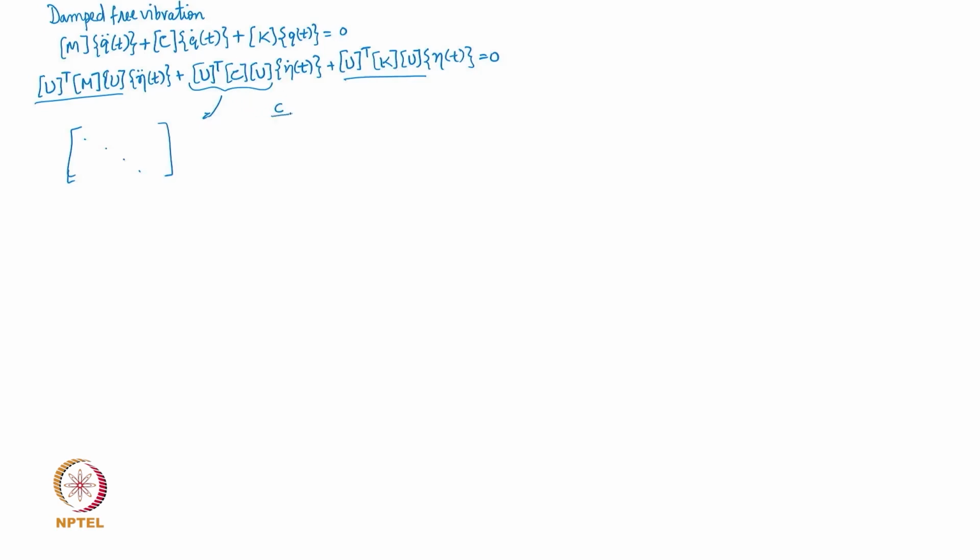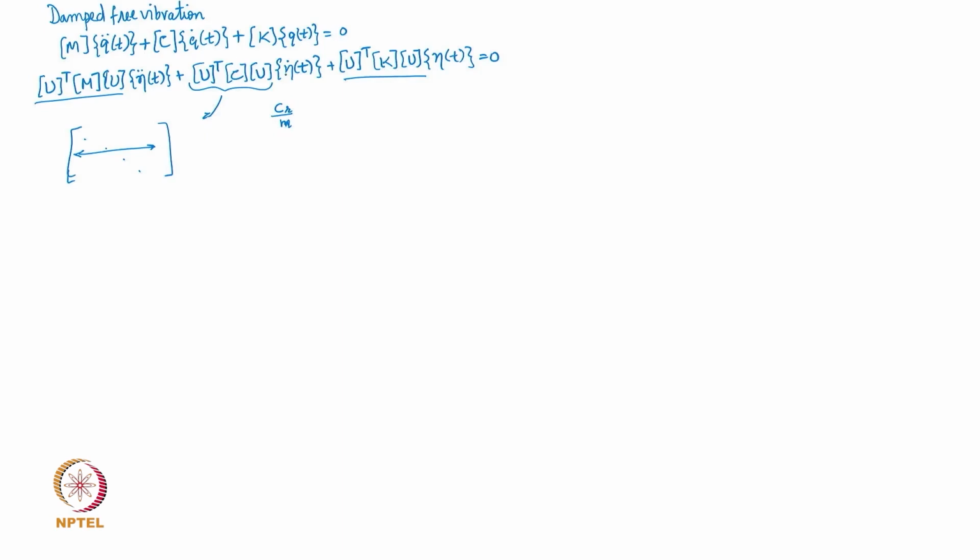For each individual equation, let us say the Rth equation, this will be the damping coefficient in the Rth mode divided by, each eigenvector would essentially give us, Mr, isn't it?